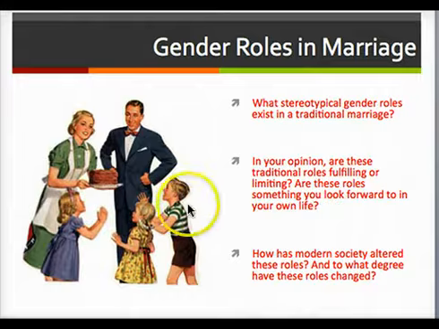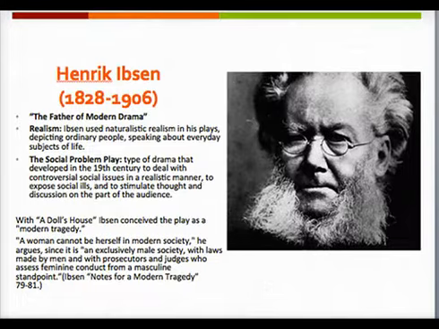So we'll see how gender is conveyed in the play as we get further into the conflict faced by these characters. So our author is Henrik Ibsen, and his dates are 1828 to 1906.